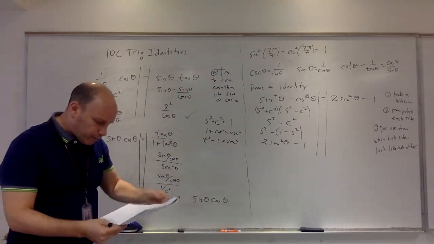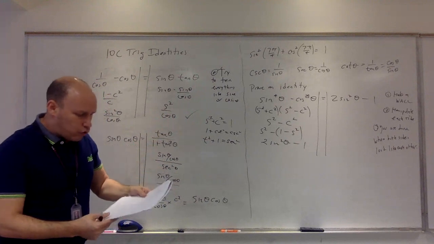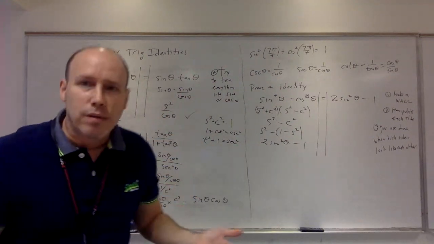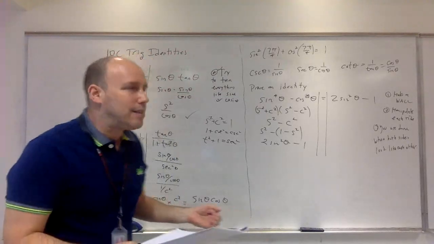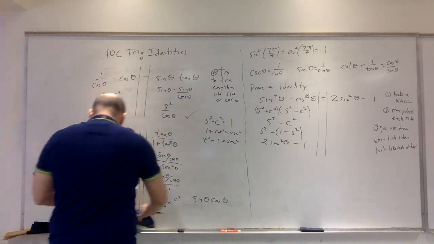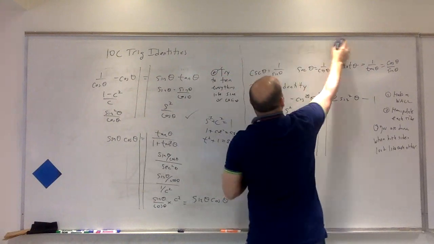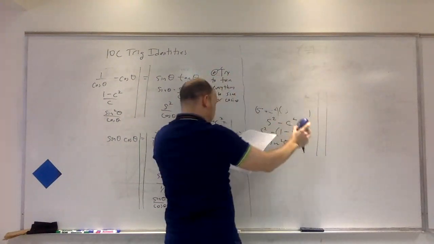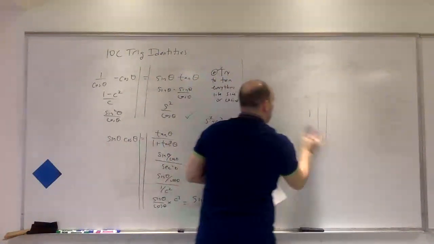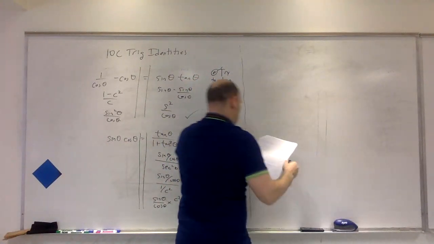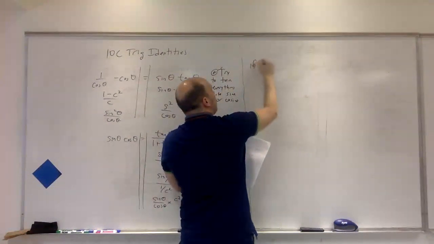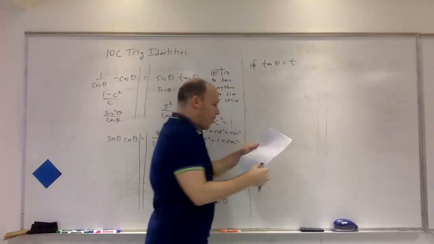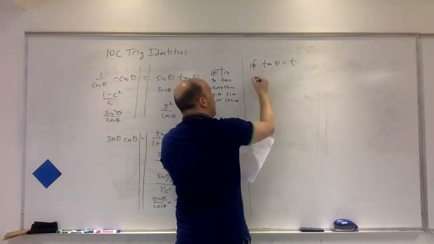You should know how to represent one function as another function. So for example, they will say, and this is a problem out of the book, I believe it's number 7 in 10C, they will say if the tangent of theta equals t, and then they're going to ask you a couple of things.